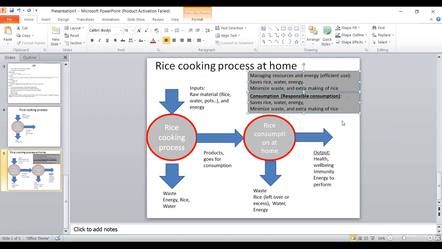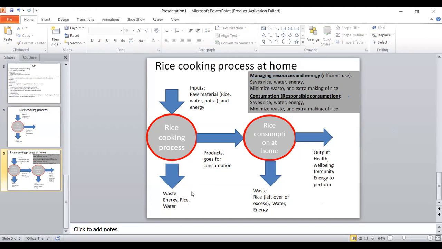So responsible consumption all comes into place, and responsible production also. Managing resources.